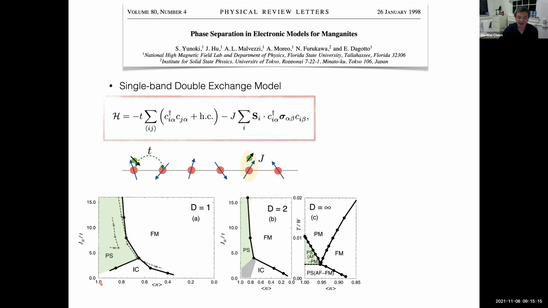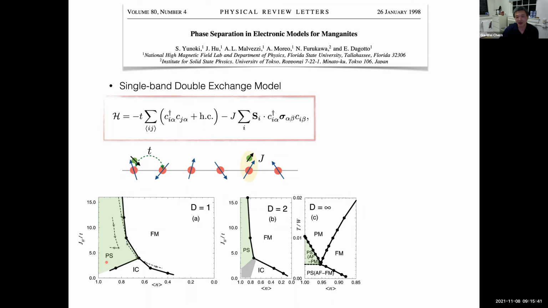The x-axis is the average number of electrons per site, and the y-axis is the ratio of the Hund's coupling to the electron hopping. So when n equals 1, that means on average you have 1 electron per site, and that corresponds to half filling. And along this half filling line, you have a perfect Néel order as the ground state.